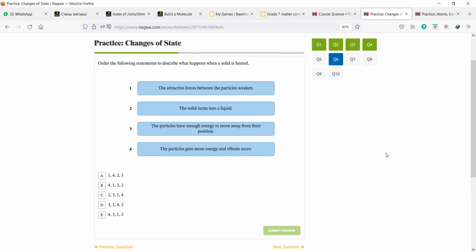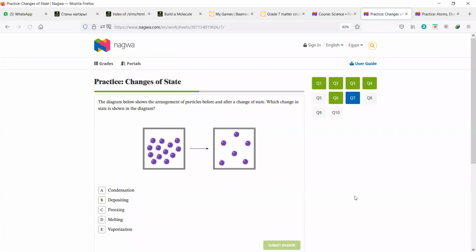There's another one that can be the first. 3, 2. 4, 1, 3, 2. B. You sure? Okay, I will try yours.